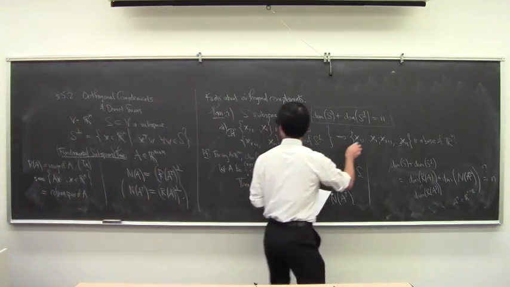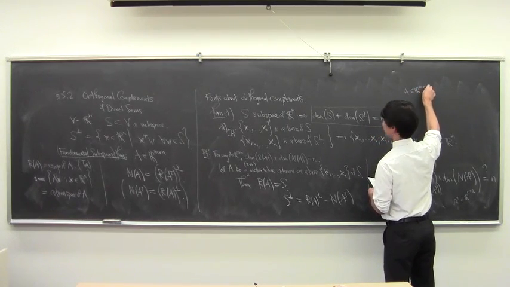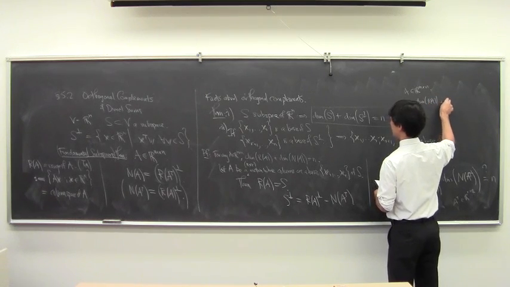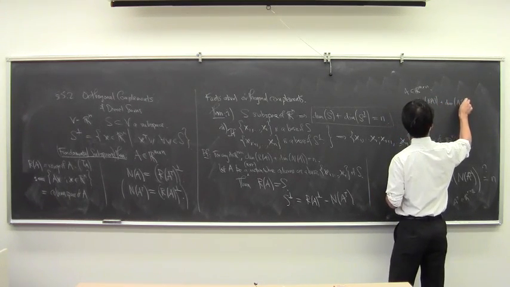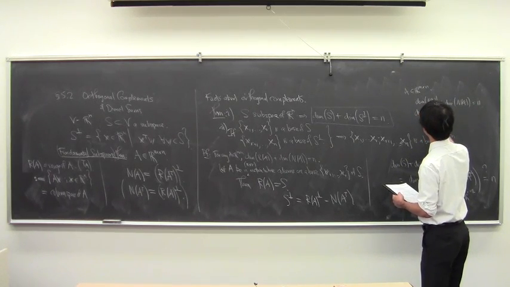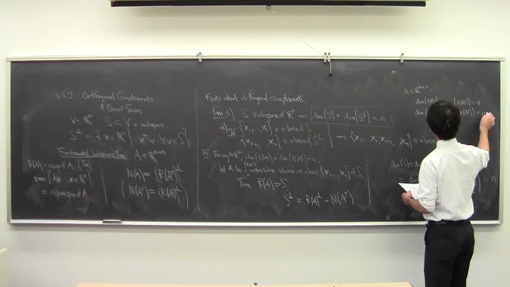Here's the rank theorem, right? A is an n by n matrix, the dimension of the rank plus the dimension of the null space equals n. We also know that the dimension of the transpose plus the dimension of the null space of the transpose equals m.